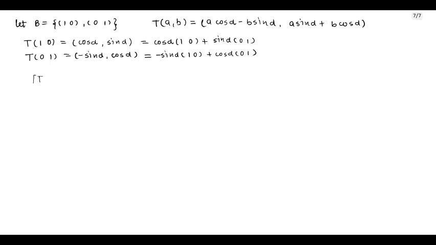Then the matrix with respect to basis B is [cos alpha, minus sin alpha; sin alpha, cos alpha]. This is the rotation matrix with angle alpha, right?